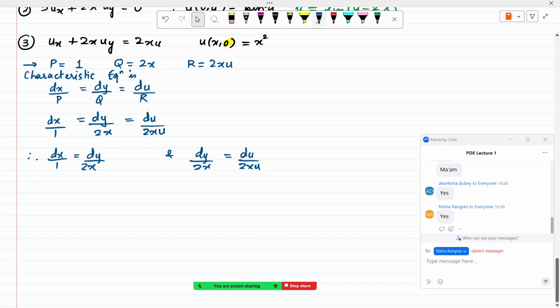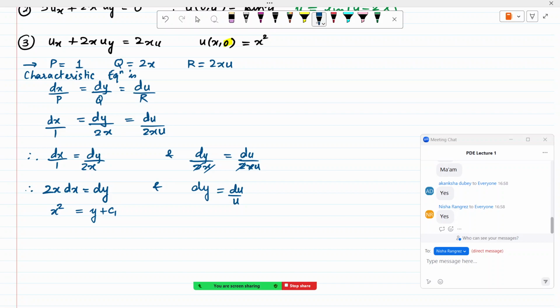Let's cross multiply. So I have 2x times dx is equal to dy, and for the second, the 2x gets cancelled, so I have dy is equal to du by u. This is the variable separable method of ODE. Let's integrate on both the sides. The integral on the left hand side gives me x squared, the right hand side gives me y, and I can have a c1.